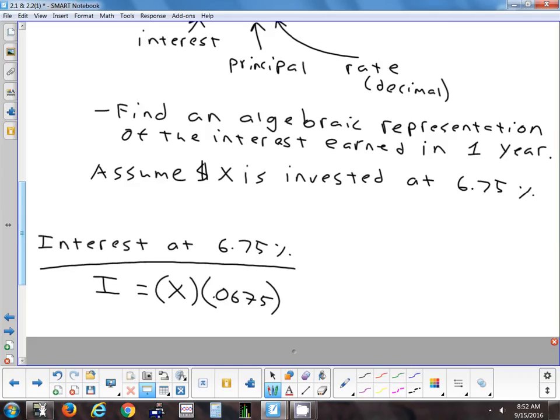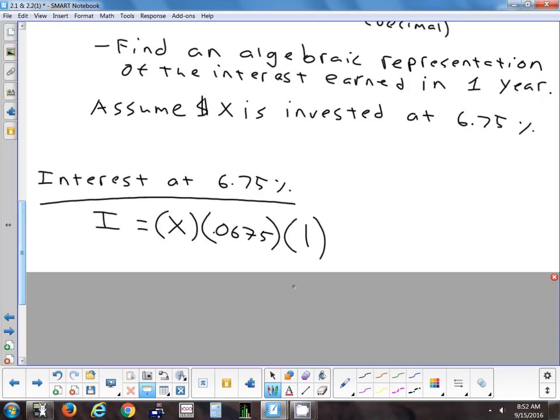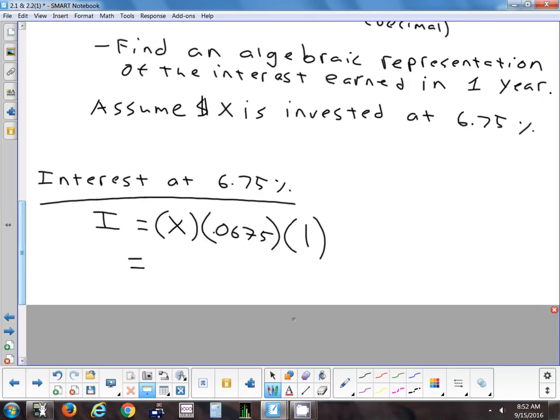And how many years is Bill leaving his money in this account? 1 year. So in this case, time doesn't have much of an effect. And I'm going to write this how we would normally write an algebraic expression. I'm going to put 0.0675 as a coefficient. That's the interest at 6.75.